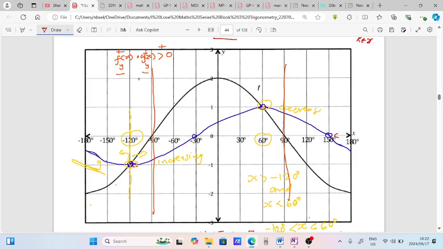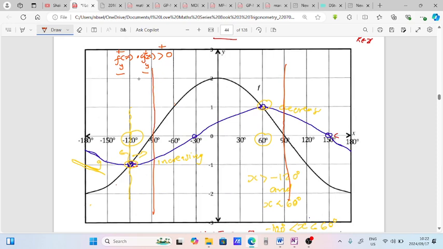This is f here, this is g. At 90, what is the y value of f? It is 0. You can multiply by 0, and 0 is neither positive nor negative.